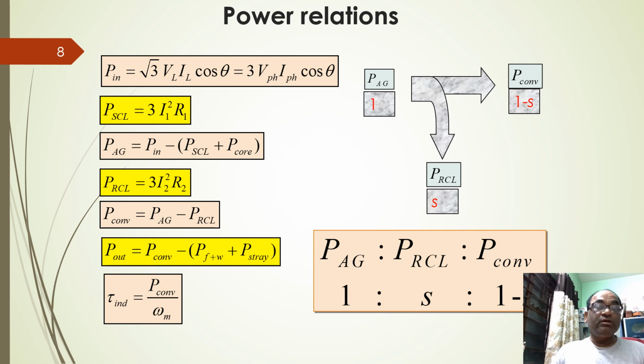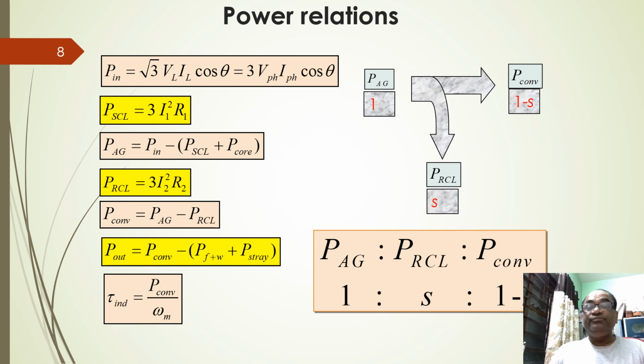Now the torque developed by the induction motor will be equal to the power available on the shaft divided by its rotational speed, angular speed omega.